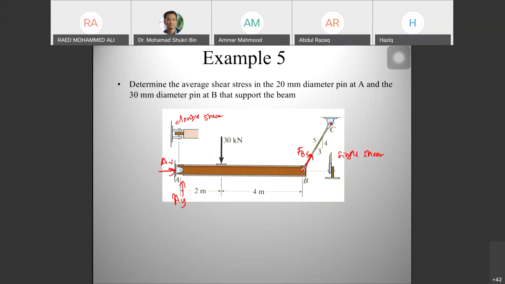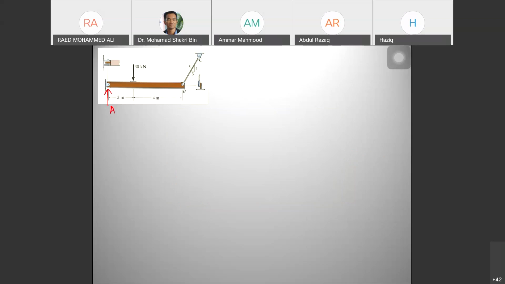So I just draw here. This one is AY, AX, and FBC. Summation of moment at A is equal to 0.